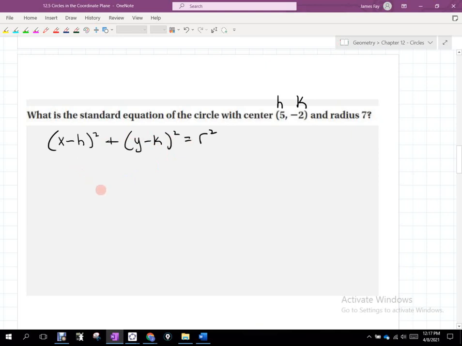Okay. So here, since H is 5, I'm going to go X minus 5 squared, and then Y minus K. So K is negative 2, so this minus sign is always a minus, so it's minus a negative 2. My radius is 7, so we'll square that.